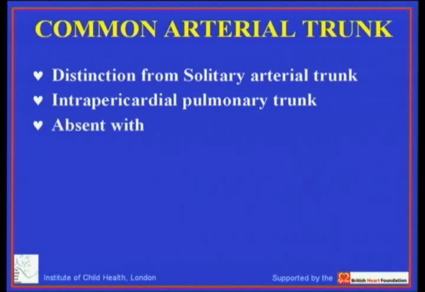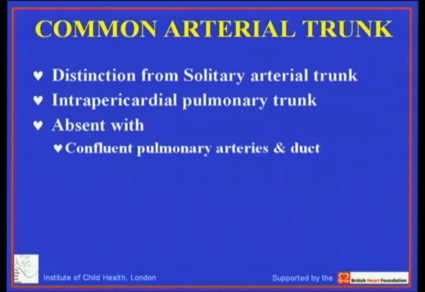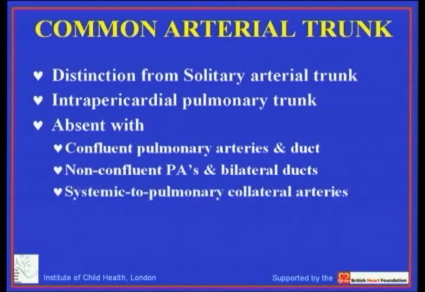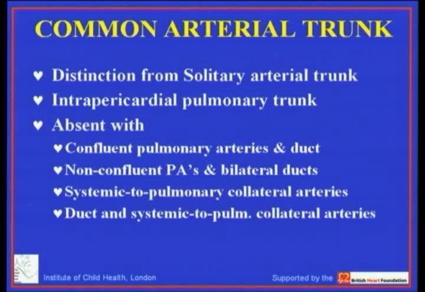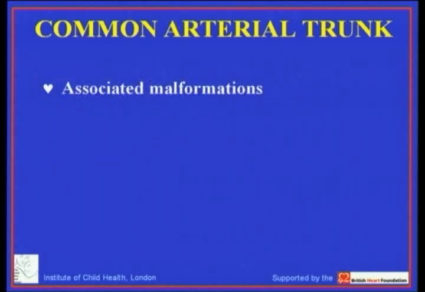Because when there is no intrapericardial trunk, and that is absent when we have confluent pulmonary arteries and duct, but no pulmonary trunk, non-confluent pulmonary arteries with bilateral ducts, and the system with systemic to pulmonary collateral arteries, or the arrangement I showed you yesterday, where on one side there was a duct, on the other side systemic to pulmonary collateral arteries, but certainly no intrapericardial pulmonary trunk. In that circumstance, we cannot determine, had it been present, whether the atretic trunk would have arisen from the heart or from the solitary trunk.